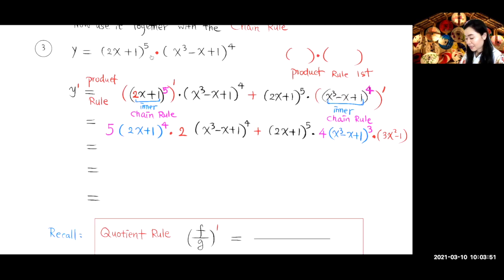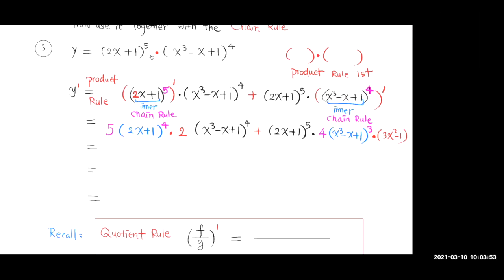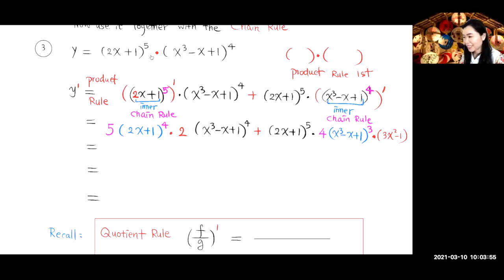Now you're done. Now you just need to simplify this. This is a little bit messy right now. So 5 times 2 makes 10, so I'm going to put a 10 over here, and then we have 2x plus 1 to the 4 power times this.